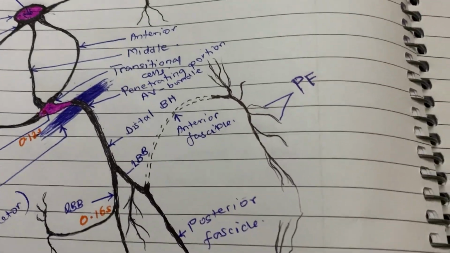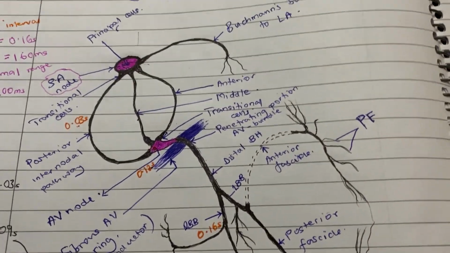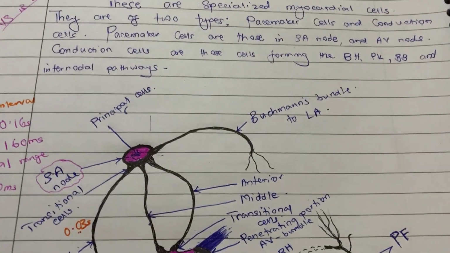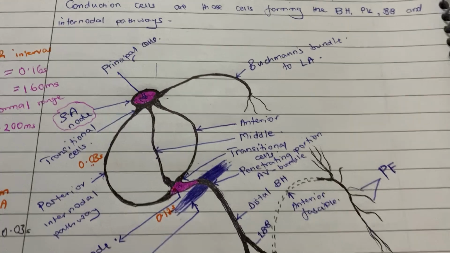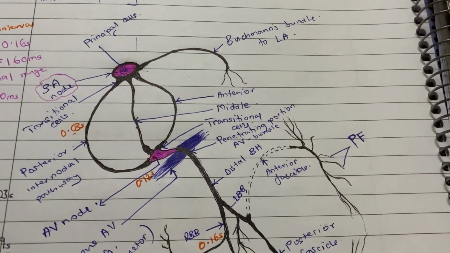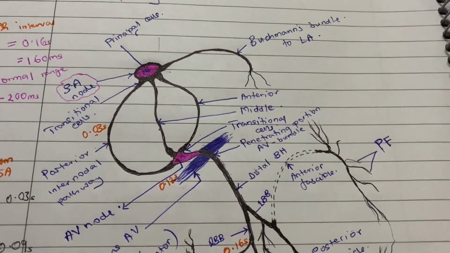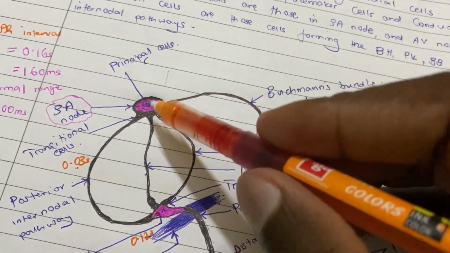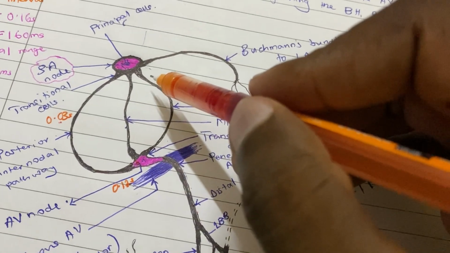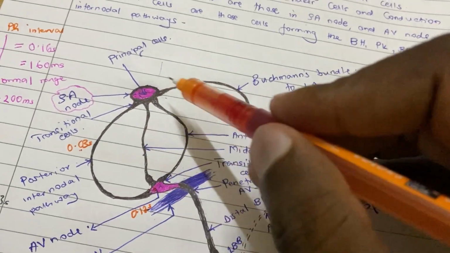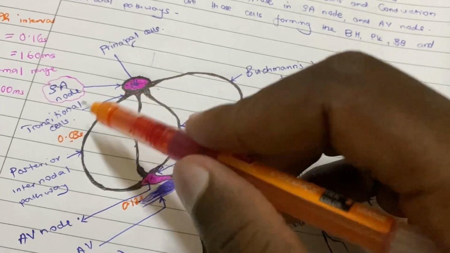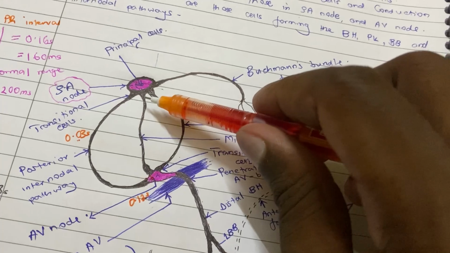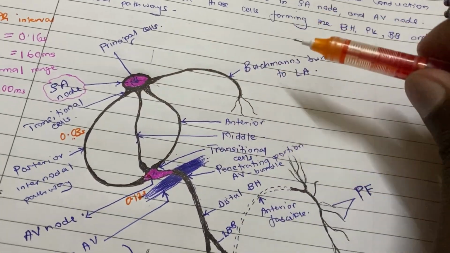And this is the photo of the cardiac conduction system. I'm not going to remind everything. We are just seeing that cardiac stimulation starts from the atria. The SA node is located in the right atrium, so the impulse generated will spread fast through the right atrium compared to the left atrium.